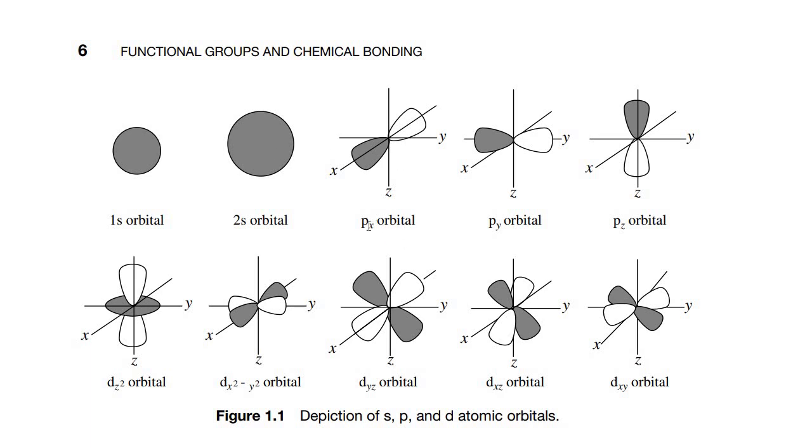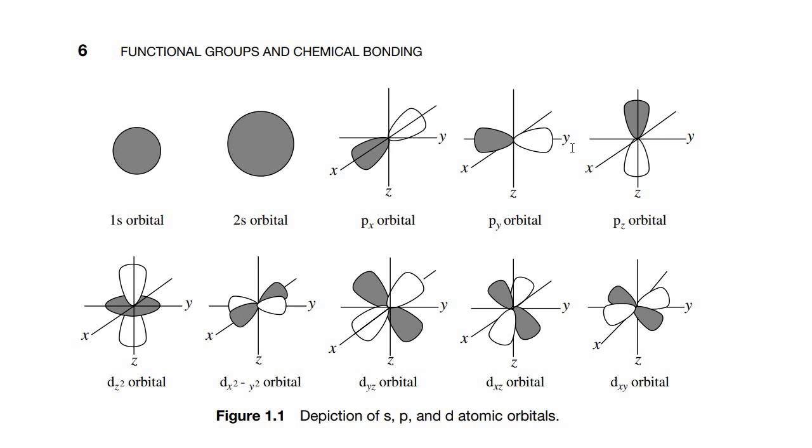Now the orbitals px, py and pz. Px means what? Now you can see this is a dumbbell and it is on the x-axis. So p is the orbital and x is the coordinate.